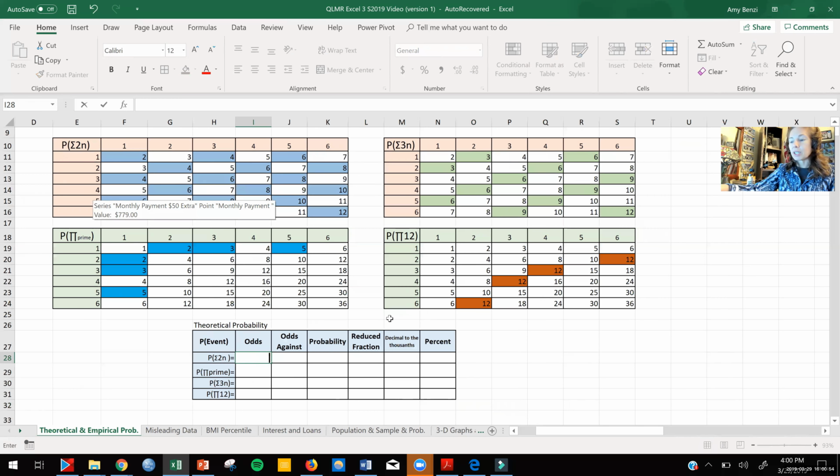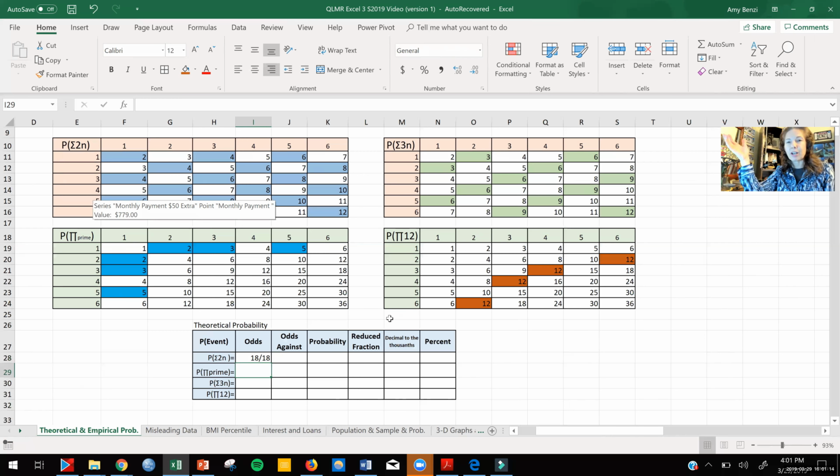So I'm going to use a little apostrophe here, otherwise Excel is going to reduce my fraction to 1 when I put in 18 over 18, and I don't want Excel to reduce my fraction to 1 because that doesn't tell me anything about my data set.